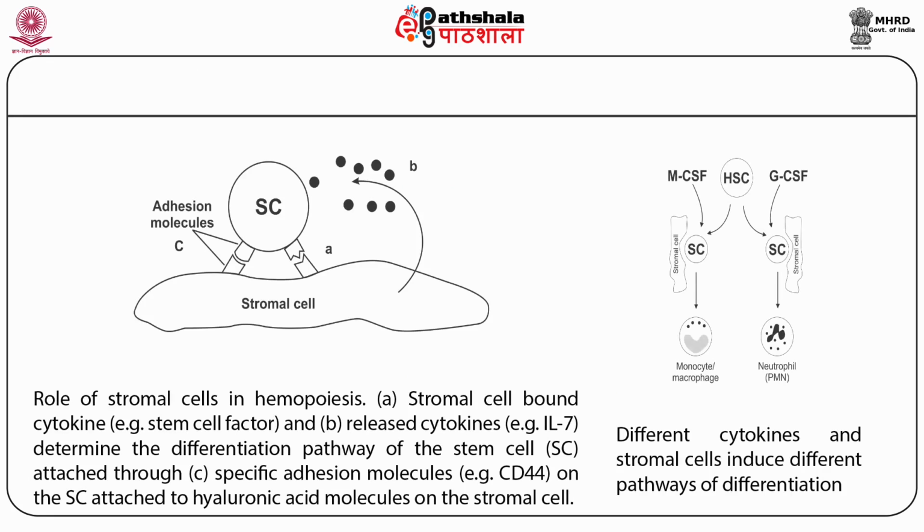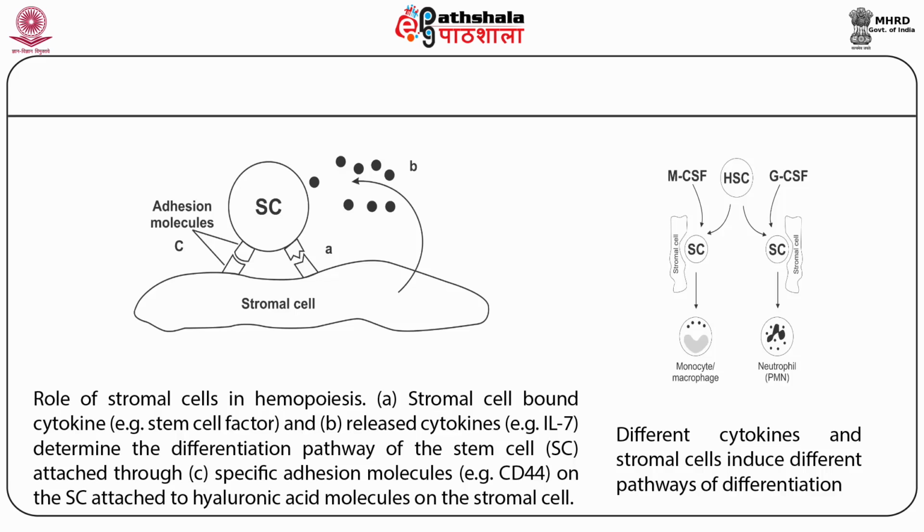The differentiation of the stem cell is dependent upon its microenvironment, that is, the nature of the organ or the tissue. This differentiation involves stromal cells and specific cytokines. Within the fetal liver, thymus, and bone marrow, there are different stromal cells.